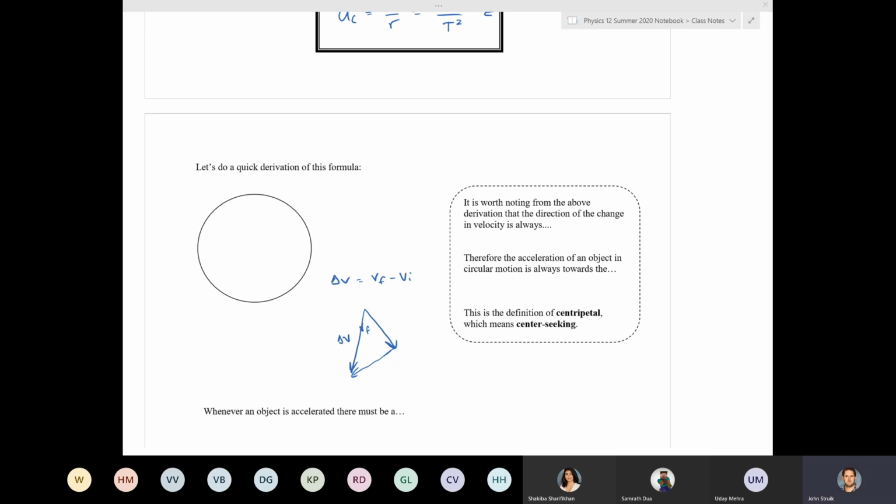Is it possible that VI going opposite directions? I don't understand that question. Sorry.